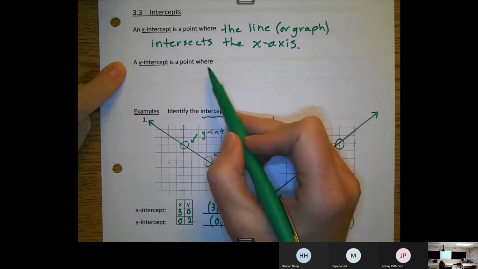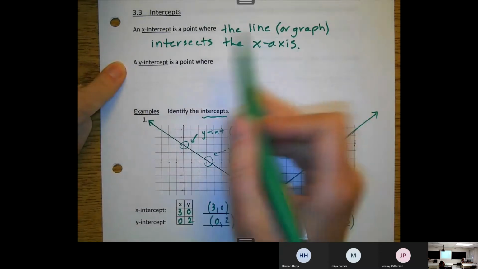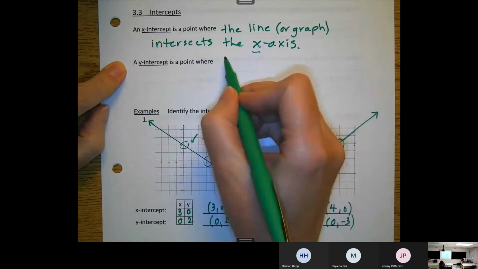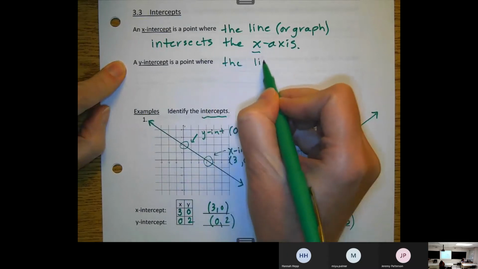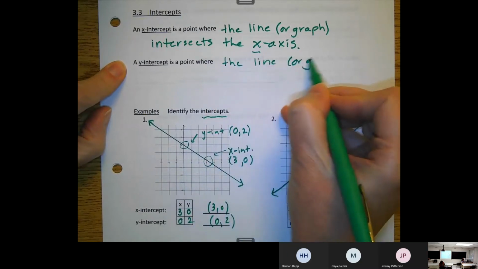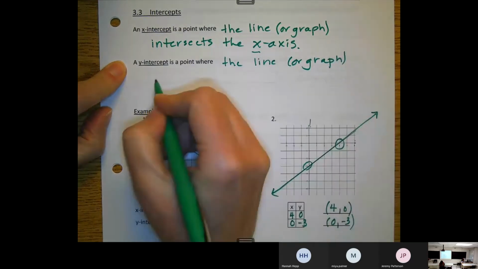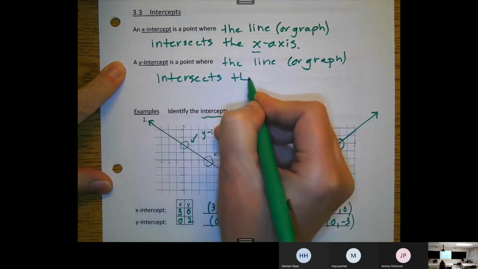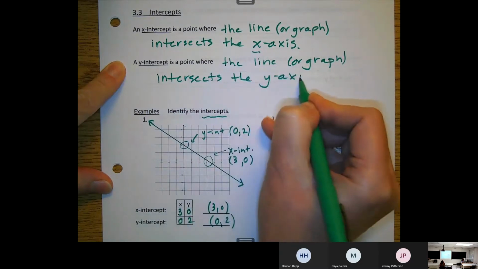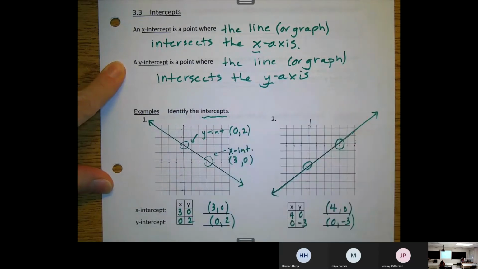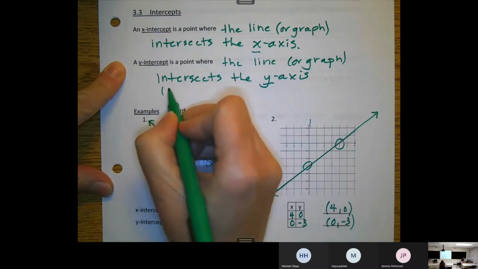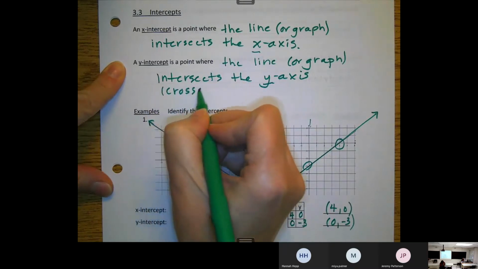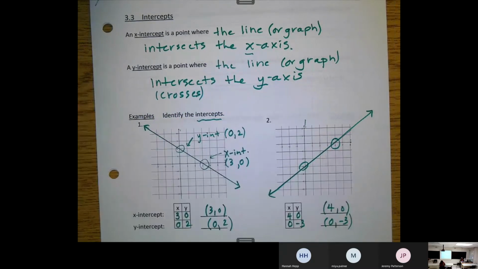Now we're talking about the point where the line or graph intersects the y-axis. So intersects, that's just another fancy word for crosses, where they come together, where they meet.